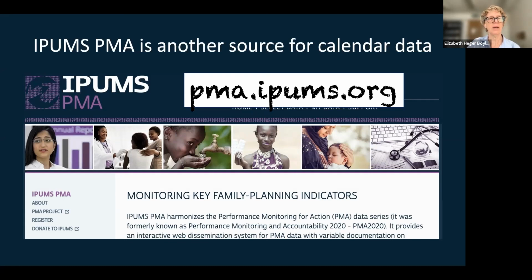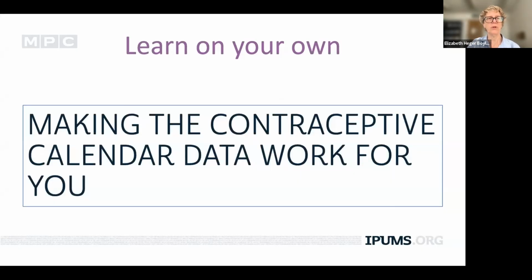And then IPUMS PMA has all kinds of tools, which like the DHS calendar data tutorial are also super useful. And so you could learn on your own by checking out the IPUMS PMA Data Analysis Hub blog, which has an entry on making the contraceptive calendar data work for you.